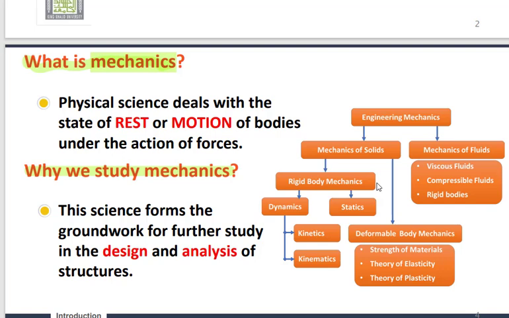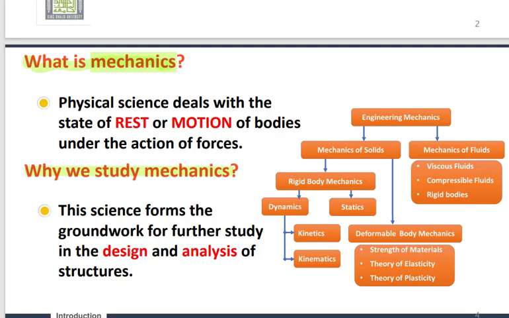This is dynamics. Okay, now when we say mechanics, do you think that mechanics is only statics and dynamics? No, actually mechanics is mechanics of solids as well as mechanics of fluids.